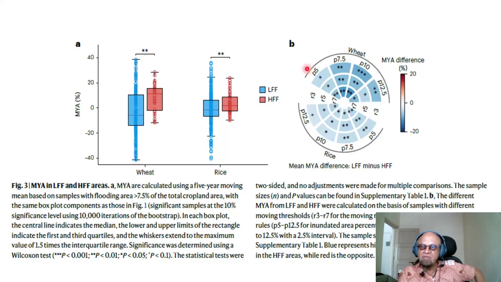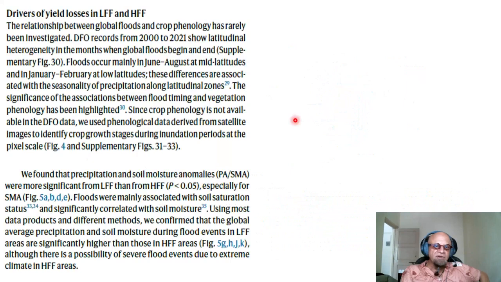So here is some more data in terms of mean annual yield differences for LFF and HFF for wheat and rice. Okay, so drivers of yield losses. This is more important in LFF and HFF. The relationship between global floods and crop phenology has rarely been investigated.